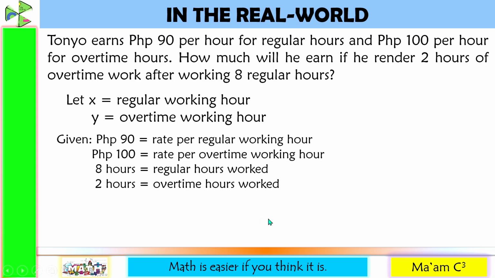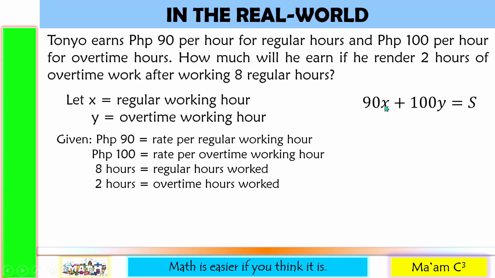So let's have our working equation for this. 90 times x, because 90 is for regular working hour and x is for the regular working hour, plus 100 times y, they are both pertaining to overtime working hour, is equal to the salary that Tonyo will receive. Tonyo worked for 8 hours regular time and 2 hours overtime.